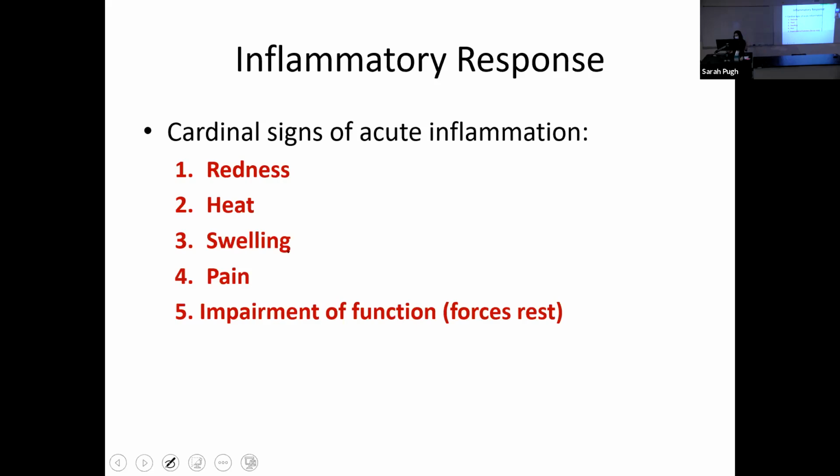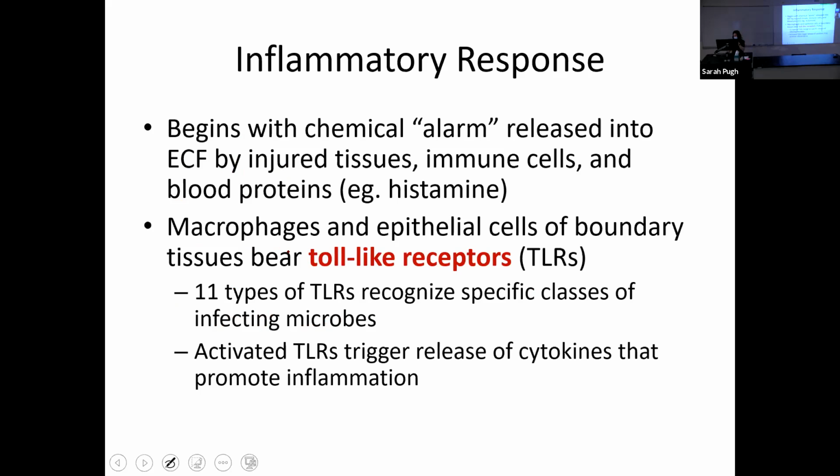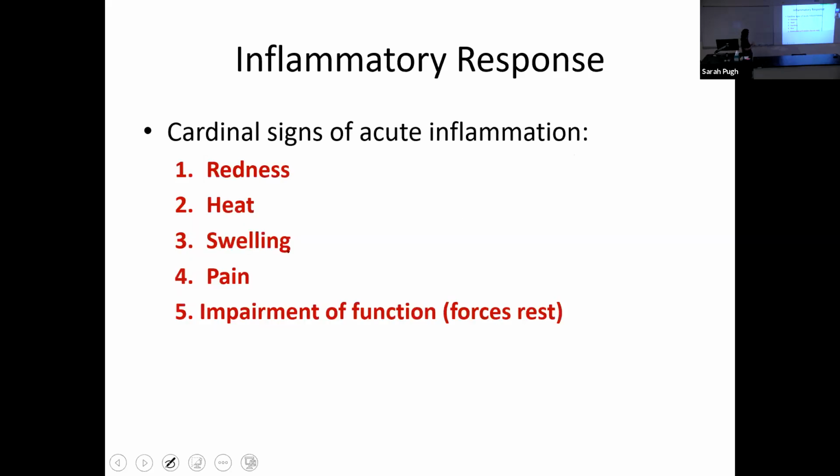So let's walk through each of the steps of the inflammatory response. Okay, so the first one is redness. So let's say you cut your skin. First thing that's going to happen is you've just cut through a ton of blood vessels, so you are bleeding into that area. So you're going to have a lot of redness in the area from all the extra blood flow. All the extra blood flow is going to bring a lot of heat with it as well.